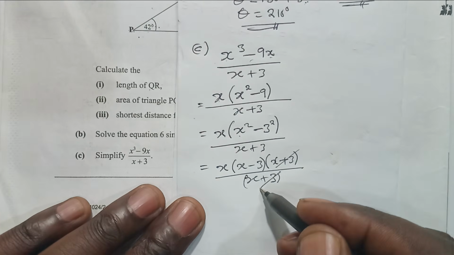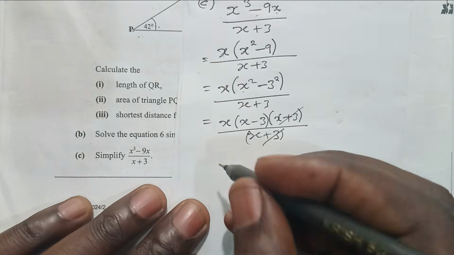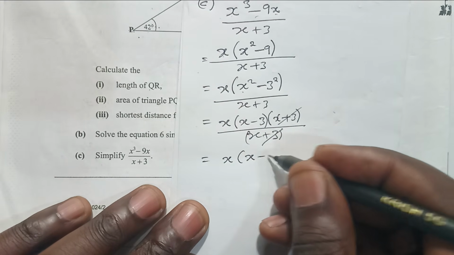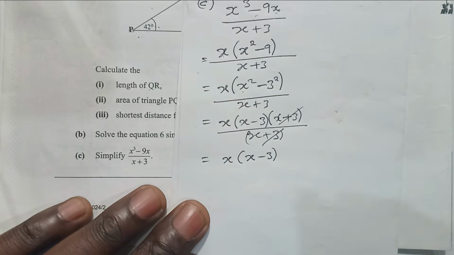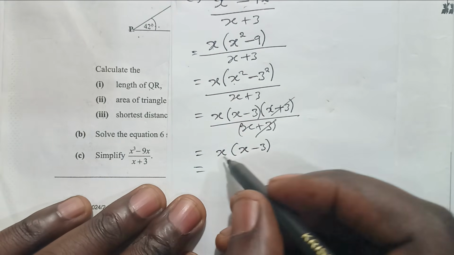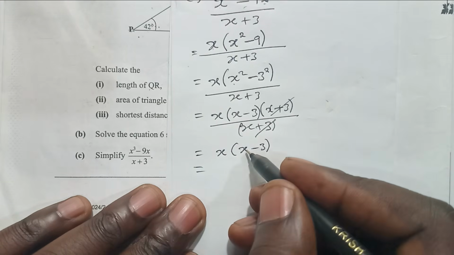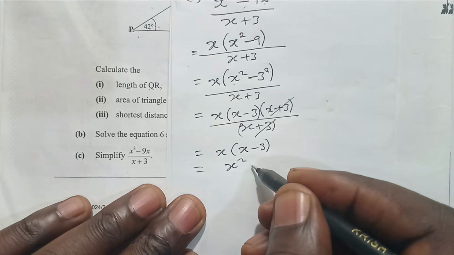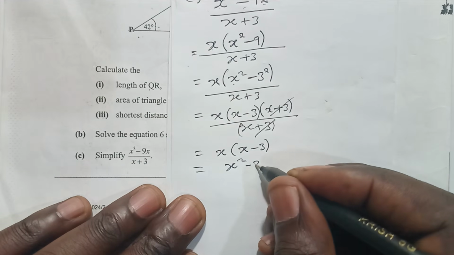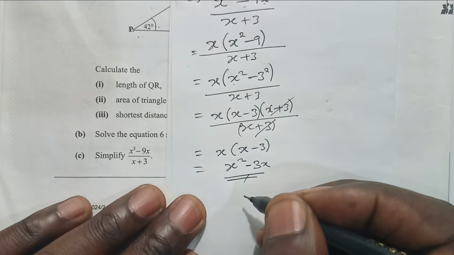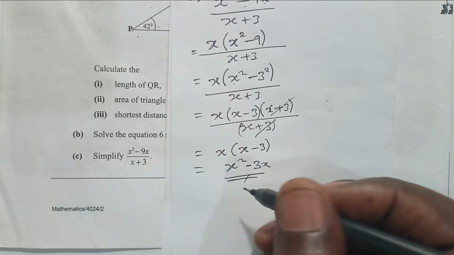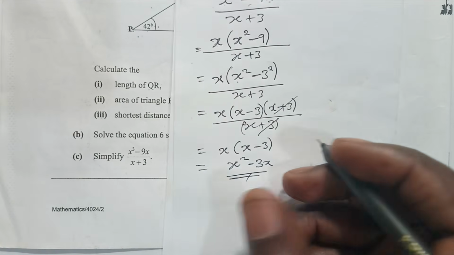Then we remain with x outside, then x minus 3 as the solution, which can be simplified further: when we multiply out x by x, we have x squared, then x times negative 3, we have negative 3x. So this is going to be the solution to the last part of the question.